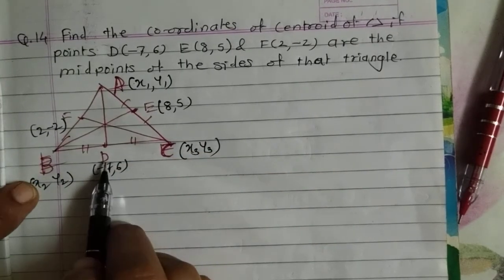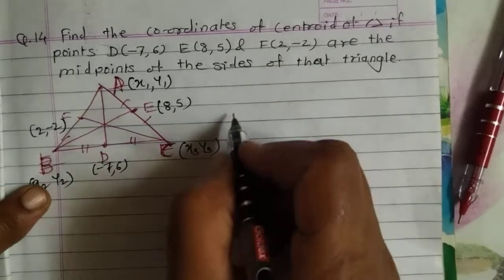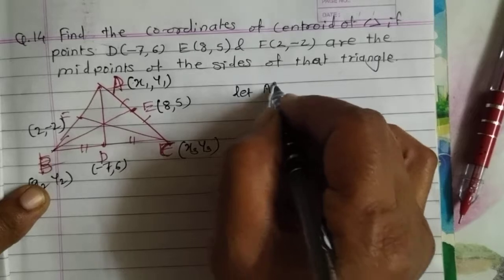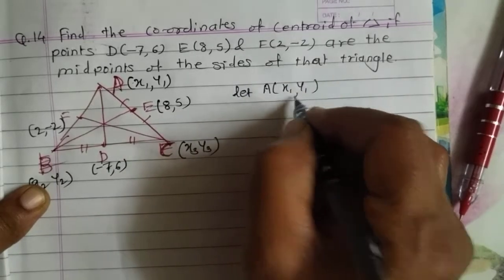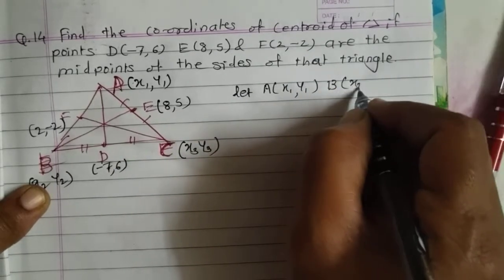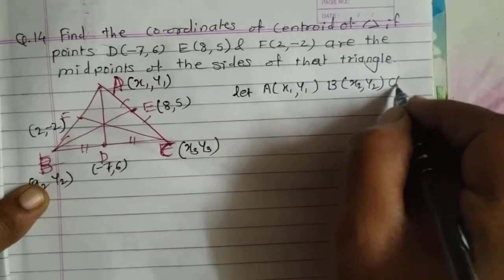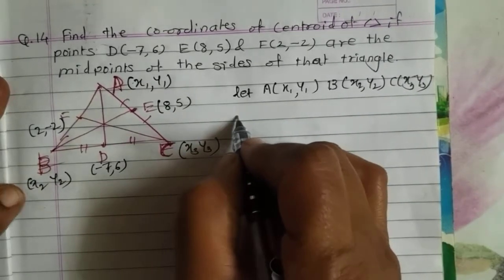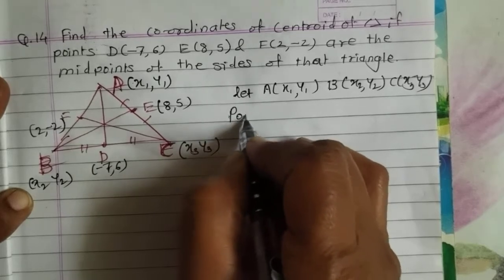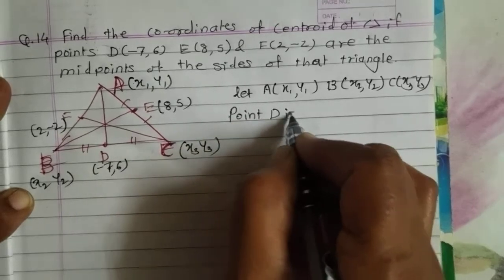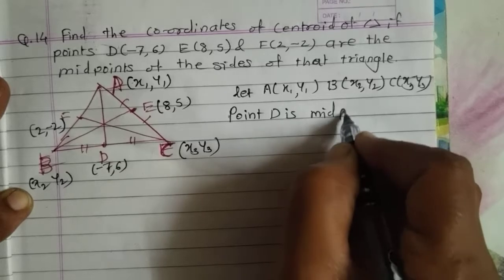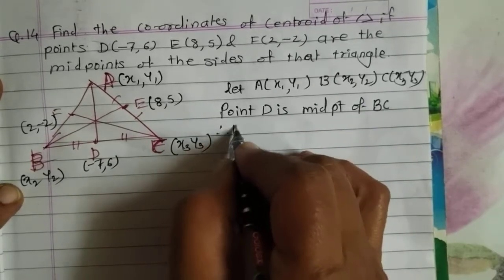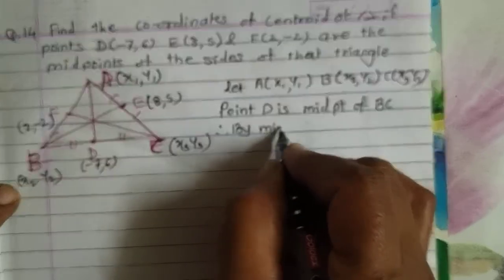Point D is the midpoint of BC. Therefore, here we use the midpoint formula.